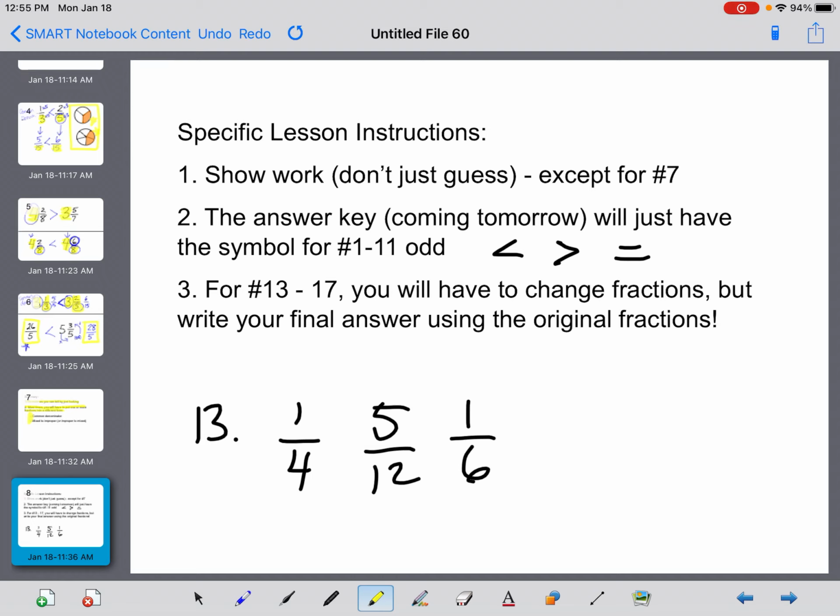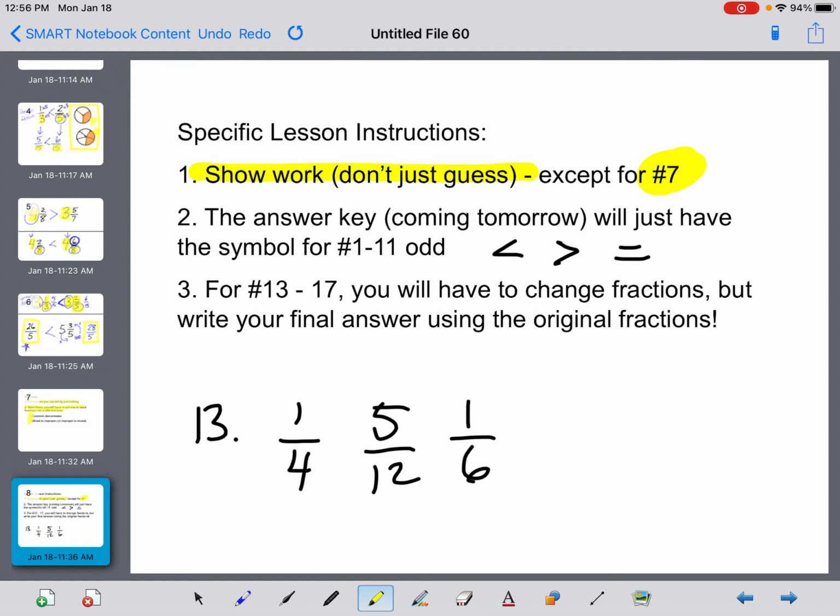Then some specific lesson instructions. Make sure that in your notebook you show your work. Don't just guess. The only one where you're allowed to look and just write down the answer is number 7. Okay, I pre-looked at your questions. Number 7 is the only one where you can just look at it and pretty much right away know which one is bigger.